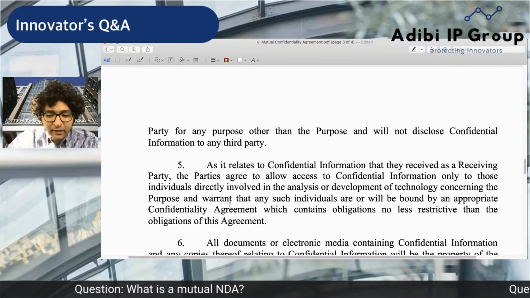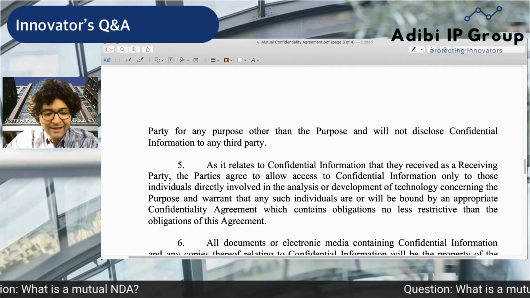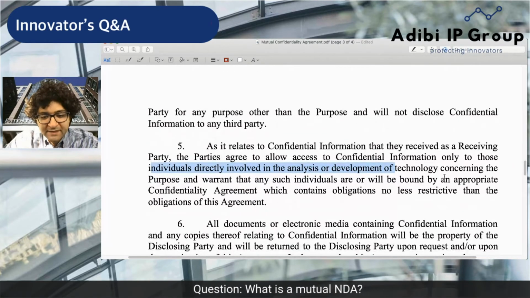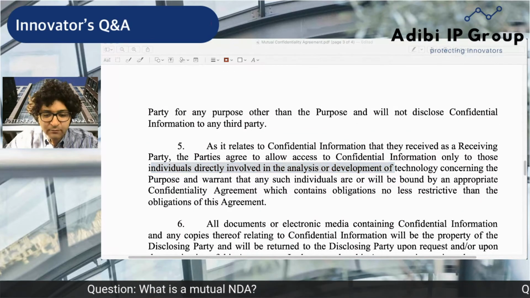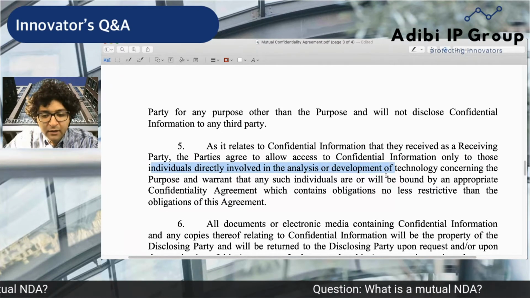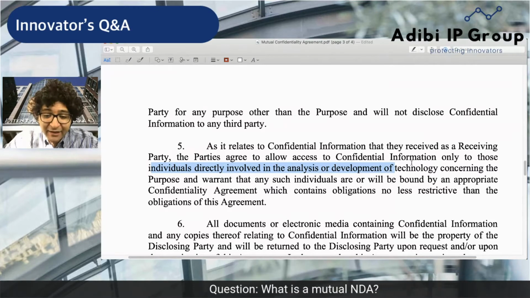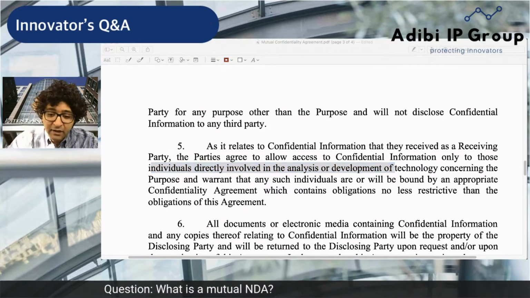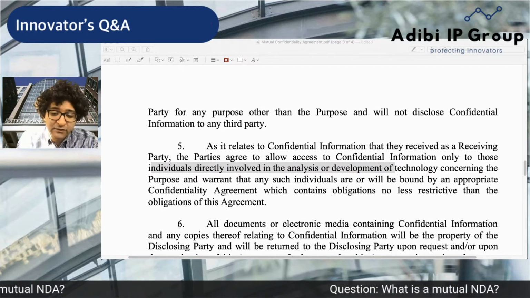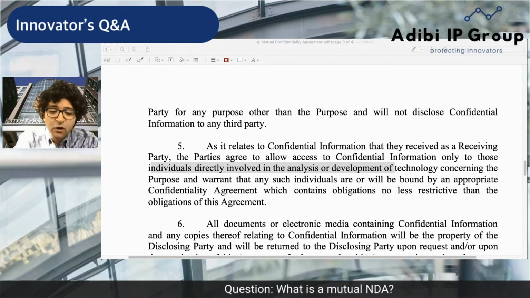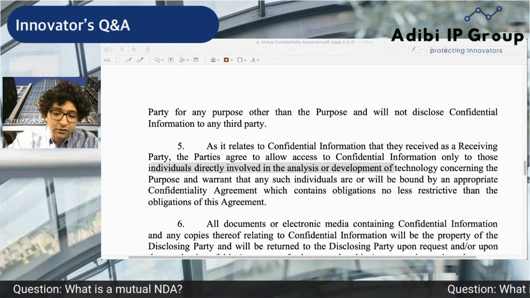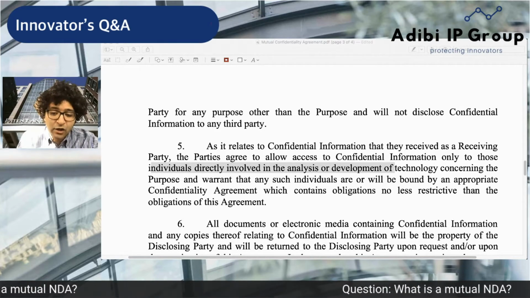Clause number 5 is really important. This basically limits who has access to the information. It requires, for example, all of Victoria's employees to also be subject to confidentiality under this agreement. So if her employees somehow get a hold of the information that I disclosed to Victoria, this requires Victoria to impose the same restrictions on her employees as apply to her, right?